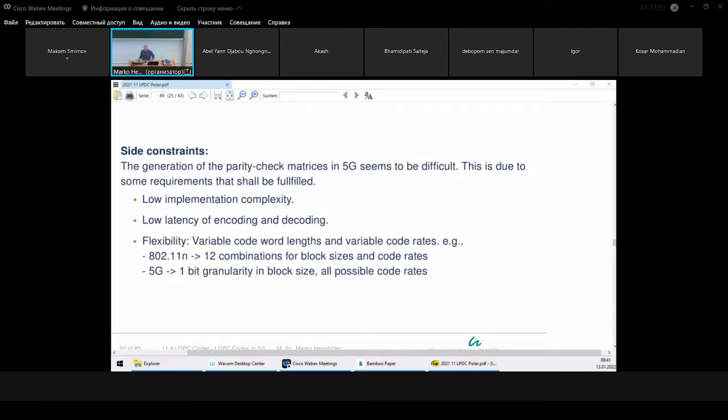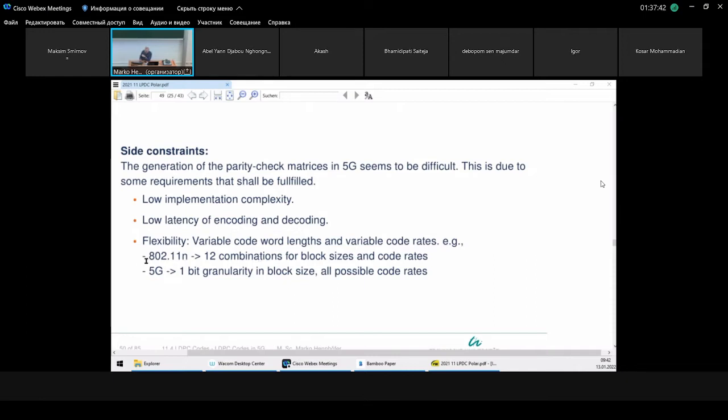That's also a very good point. Also, the encoding is more difficult for the turbo codes. So another benefit that you discovered here, efficient encoding is possible. Okay, and one more benefit, which is due to the specific structure of the parity check matrices in 5G, is that we can generate codes with variable code word length and variable code rate. So we are very flexible there.